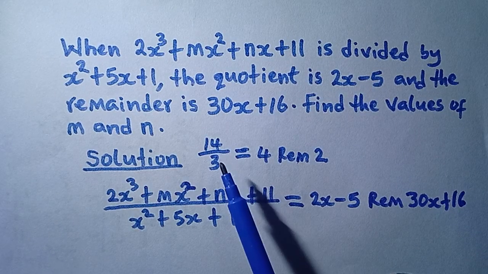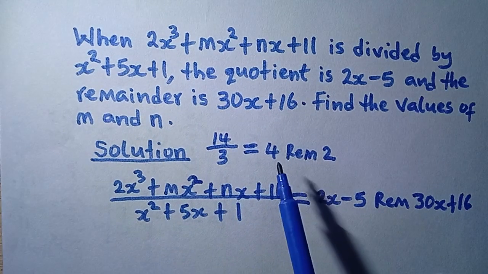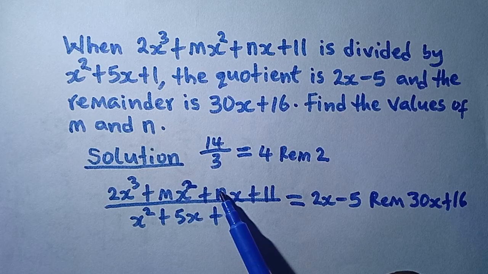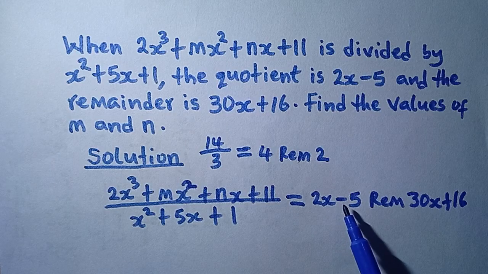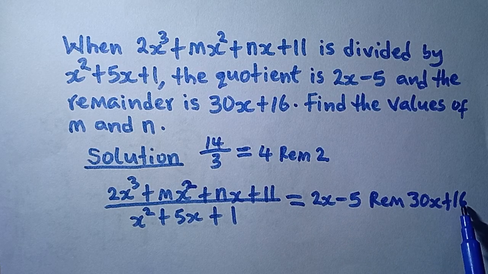So what we have here, 14 divided by 3 is equal to 4 remainder 2, is similar to what we have written here, which is this expression divided by this, which equals 2x minus 5 remainder 30x plus 16.